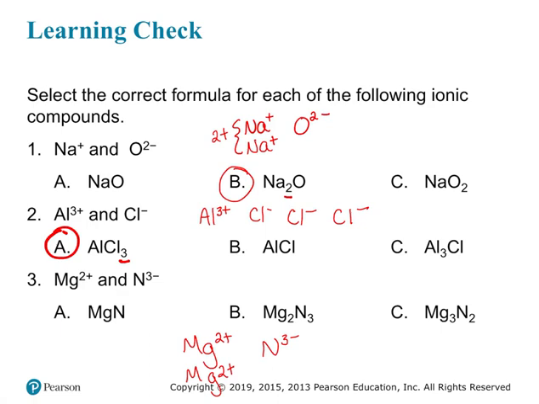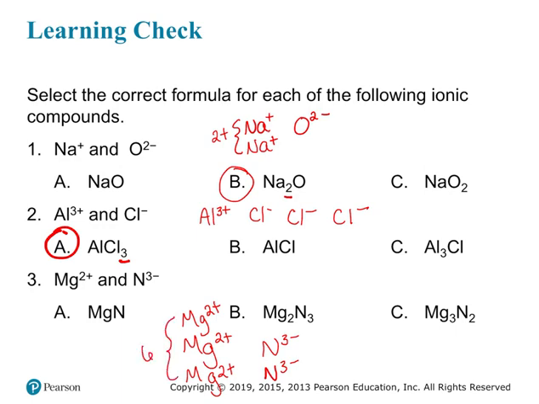Okay, so now we have too many positive charges. So let's add another negative ion here. Okay, so we have 4+ and 6- total. So we still have too many negative charges, so let's add another magnesium. Okay, I think we finally figured it out.